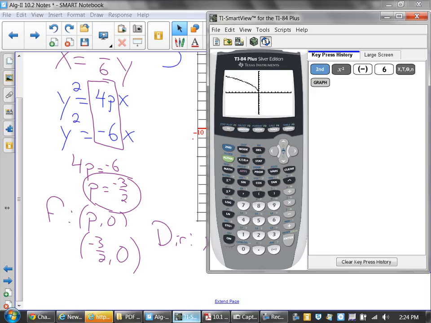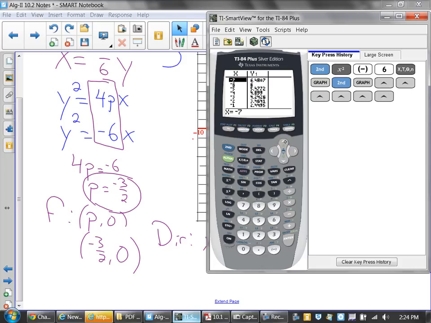Now, how am I going to find an ordered pair that's clean? Go to your table. And why do I have all of those errors at the positive values? Because you can't take the square root of a negative number. So I'm just going to scroll and look for something that might work out cleanly. Let's see. At negative 6, I get 6. Everybody see that on their calculator?